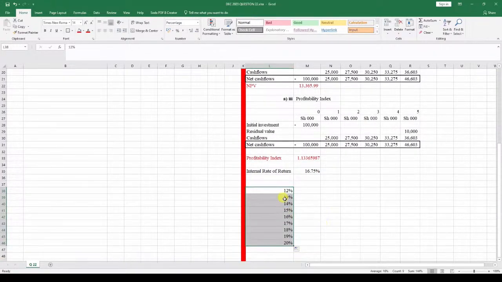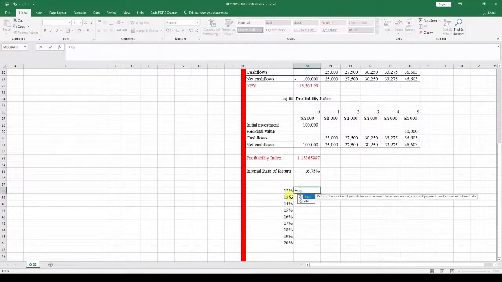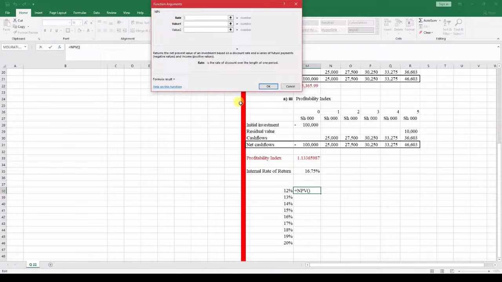So we can just get arbitrary rates over here, and we get the corresponding NPVs. So NPV over here, 12%. The rate is 12%. You can see from right over here, 12%.